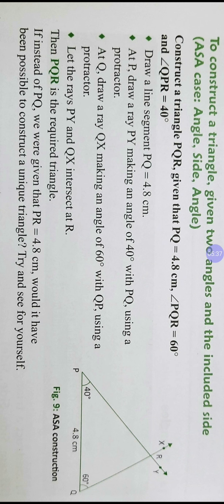At point Q we will draw a 60 degree angle. Now wherever these two lines cut, that point will be R, and triangle PQR will be our required triangle. This is how we will draw our triangle of the ASA case.